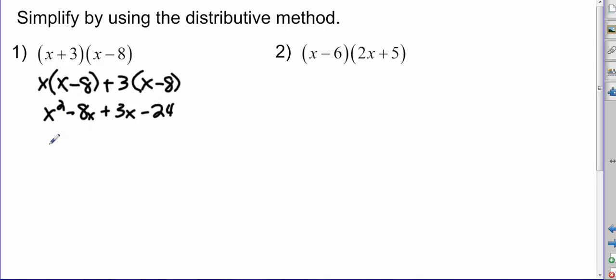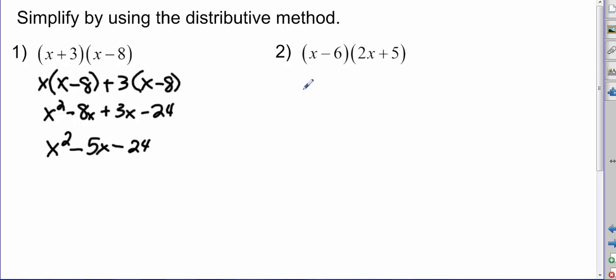We need to combine like terms. So we need to do x squared. We have a negative 8x plus 3x. That leaves us with a negative 5x minus 24. Now we're done with that problem.